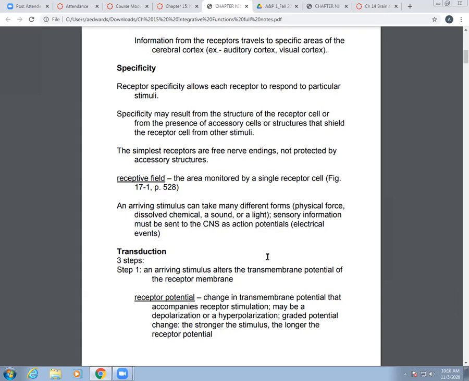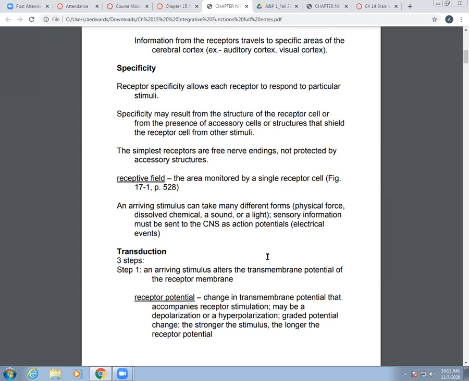The specificity can result from structures in that receptor cell, so maybe the receptor cell has a certain structure that makes it very specific. It could also be the presence of what we call accessory cells or structures that are shielding that receptor cell from other stimuli, so they're getting in the way of stimuli that don't fit, binding. The simplest receptors are just free nerve endings that have no protection from accessory structures.